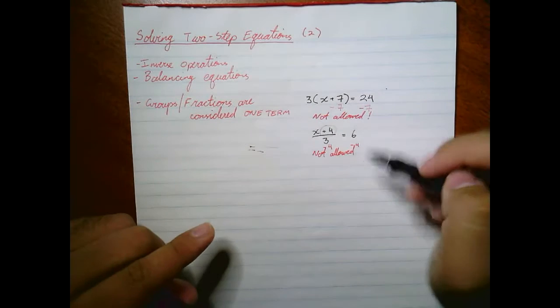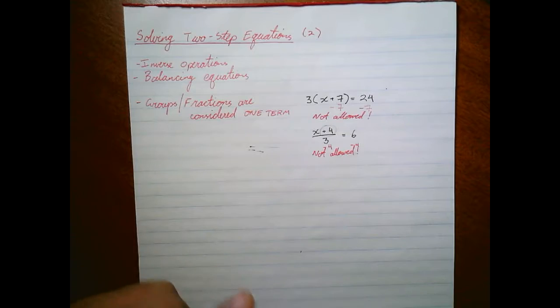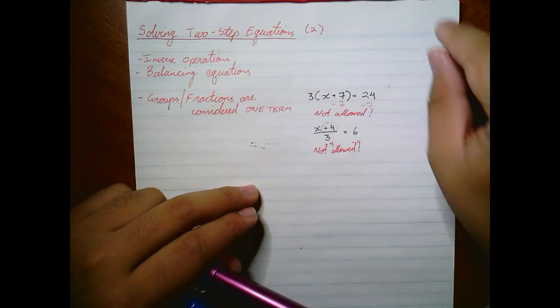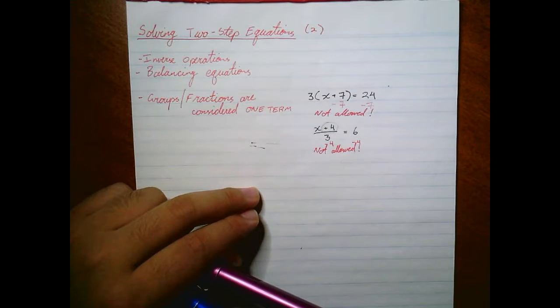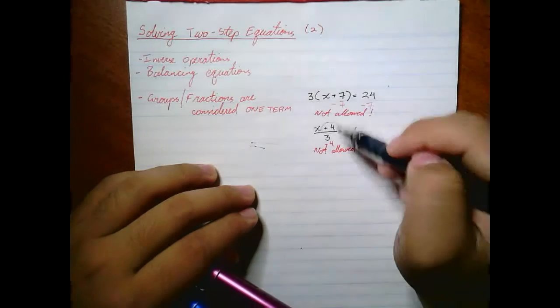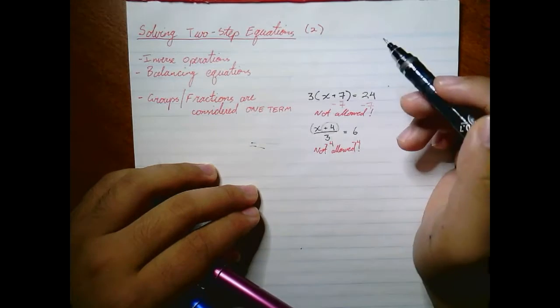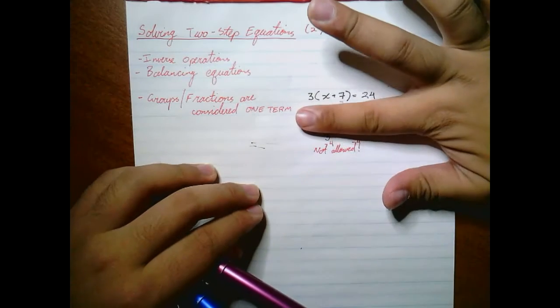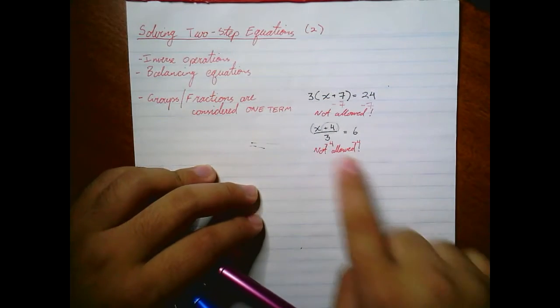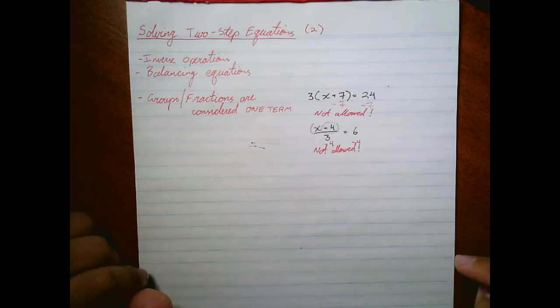Because I want you to remember that if you have big fractions like this or groups, this is considered as one group. This entire fraction on the top is one group. So we have to remove that 3 on the bottom first before we can operate on the numerator, on the top.